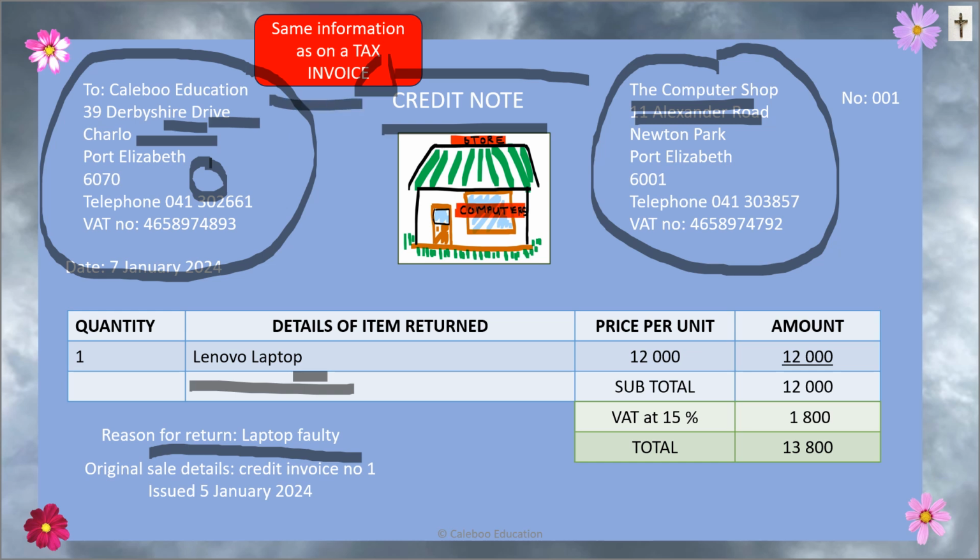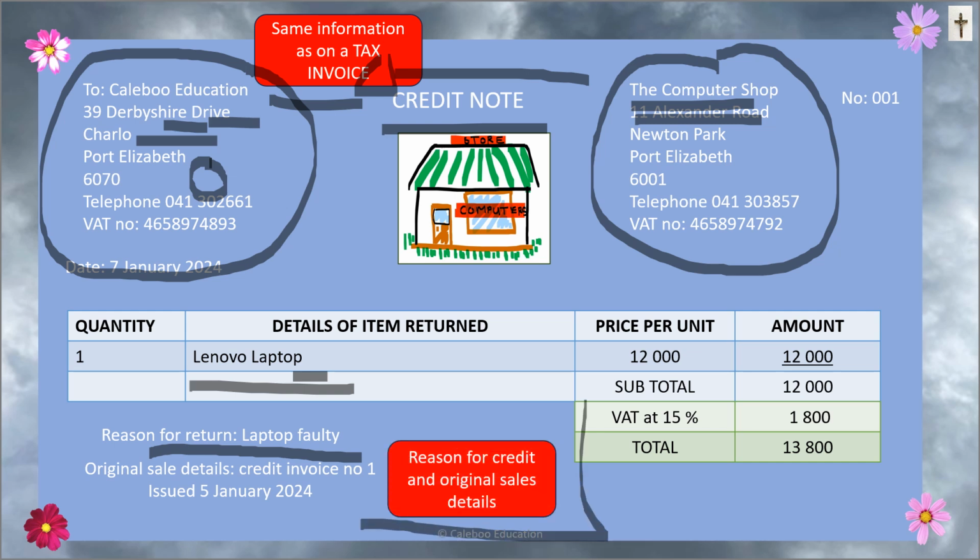All the information on this document is the same as what's on a tax invoice. And on the document, there needs to be the reason for the credit and the original sales details, which is there on the document. So this is an example of a credit note.